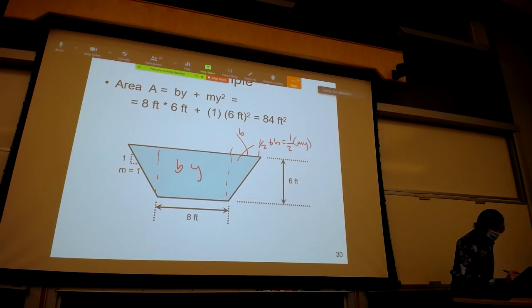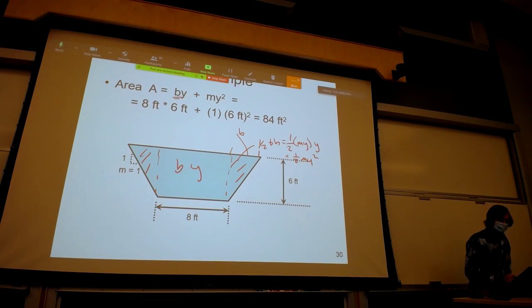And the height is y. So that triangle is 1/2 m y squared, and there are two of them. So again, the area of a trapezoid is by, the area of the rectangle, plus 2 my squared. Sorry, there's no 2 in there. 2 times 1/2 is 1. It's just my squared.